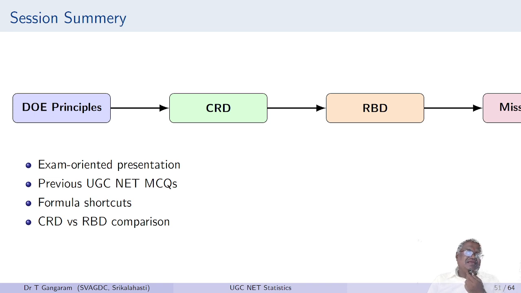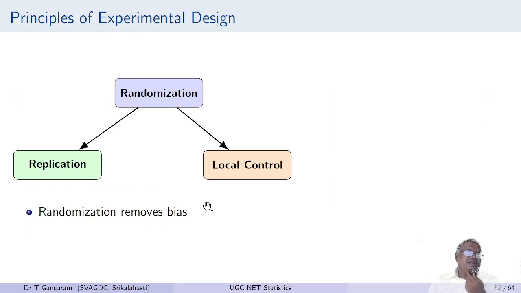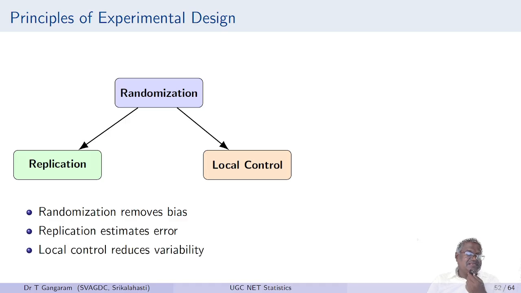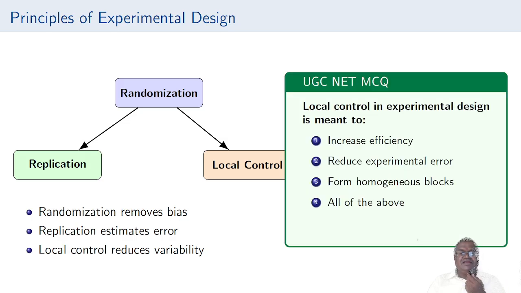The session summary: basic terminology, design of experiments principles, CRD, RBD; missing plot is next session. For exam-oriented preparation: previous UGC NET MCQs, formula shortcuts, CRD and RBD comparison. Randomization removes bias, replication ensures error estimates, and local control reduces variability.